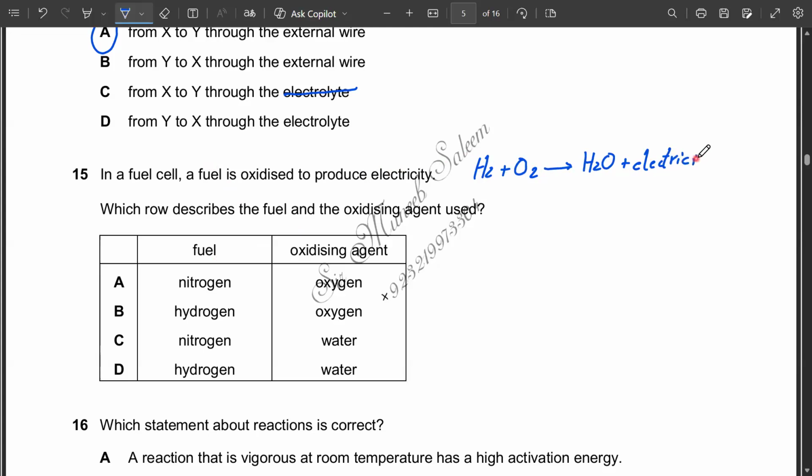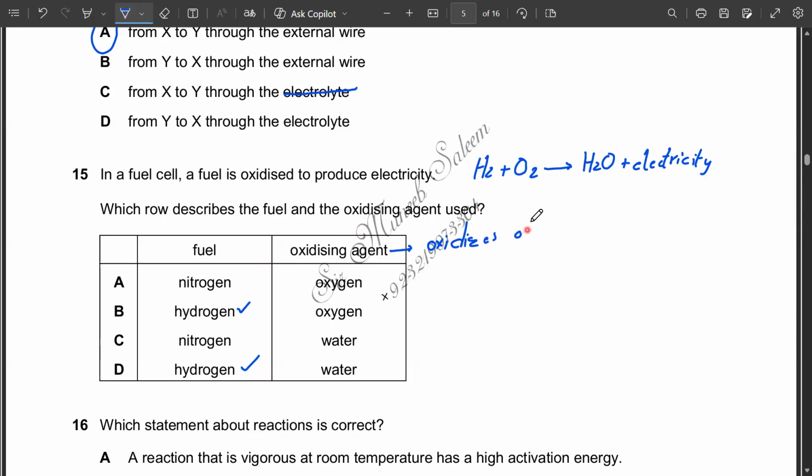Now, for the fuel cell to keep running, it has to be provided with the fuel. So the fuel in this case is basically hydrogen. Hydrogen is a fuel. And oxidizing agent means something which oxidizes the other substance.